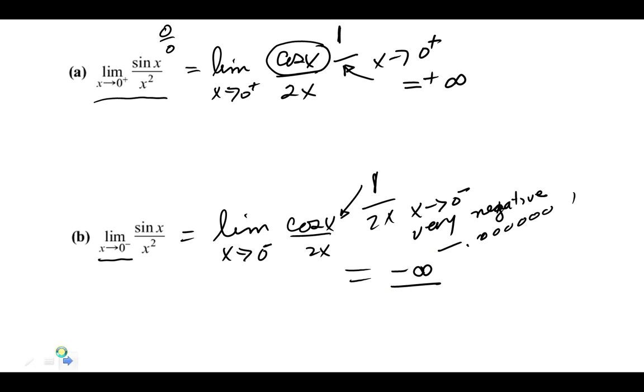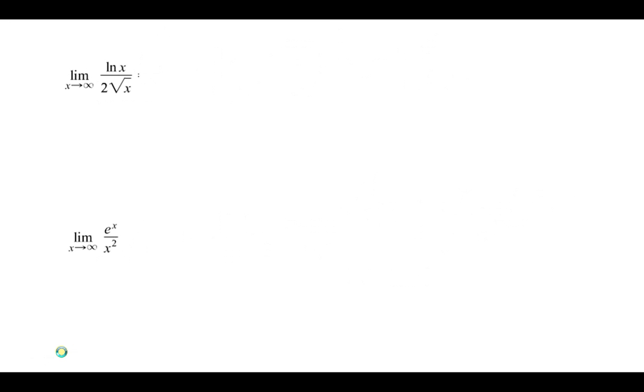Now the last two examples, we're letting x go to infinity, and notice the limit of ln of x as x goes to infinity is infinity, and the limit of 2 square roots of x as x approaches infinity is infinity. So we have infinity over infinity, and so L'Hopital's rule applies.